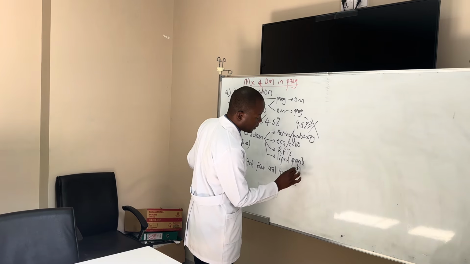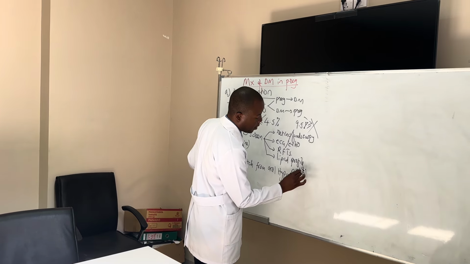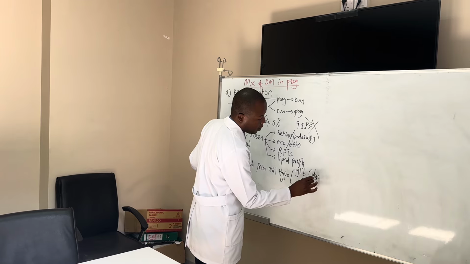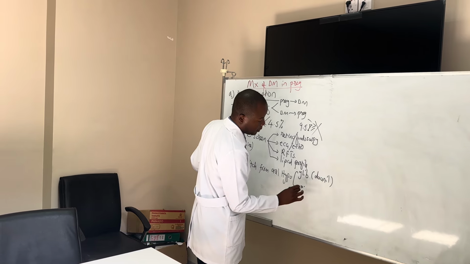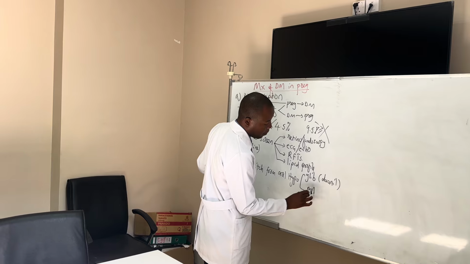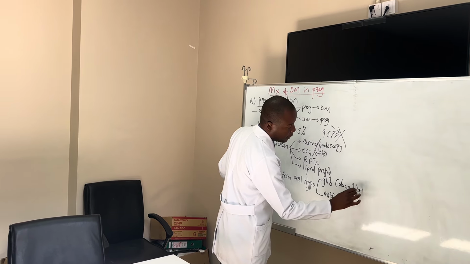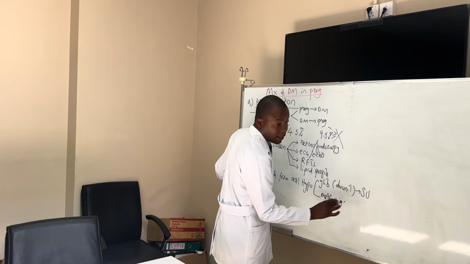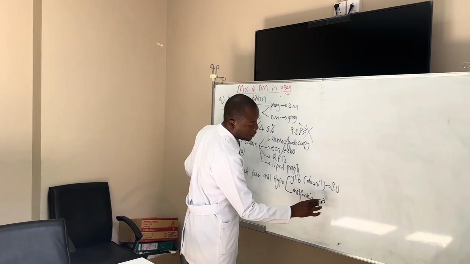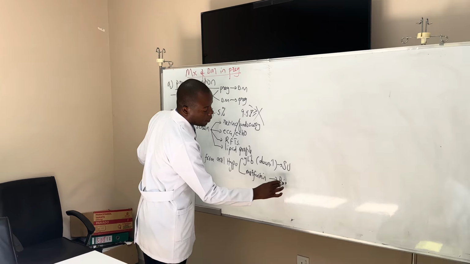There are some people who are on glibenclamide, which is Daonil. There are people who are on metformin. We know that glibenclamide is a sulfonylurea, whereas metformin is a biguanide.